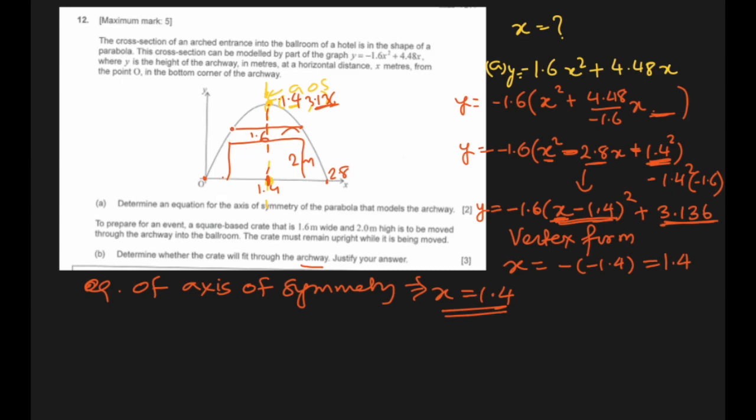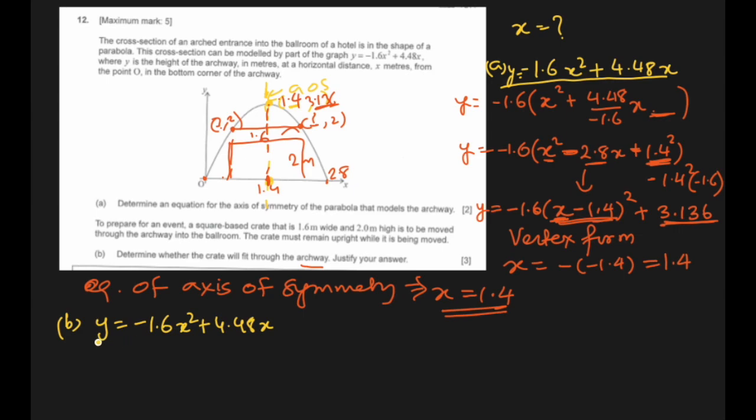So what will we do? We will find the distance between the two places where the y value is 2 meters. We will find these two x values. Our original equation was y equal to minus 1.6x squared plus 4.48x.